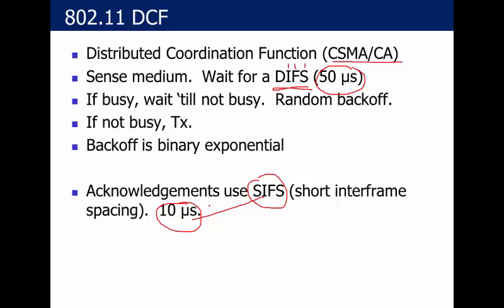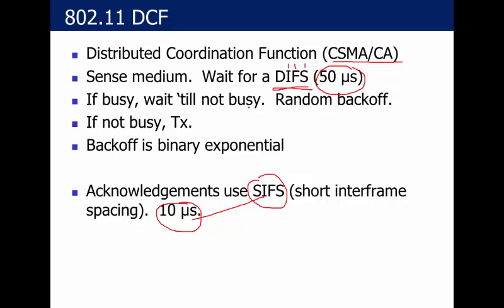Between the RTS, CTS, and data, there is a SIFS. Usually the SIFS time period is 10 microseconds, which means short, right? DIFS is 50 microseconds, much bigger than that. So during this time, if busy, then wait until it is not busy.